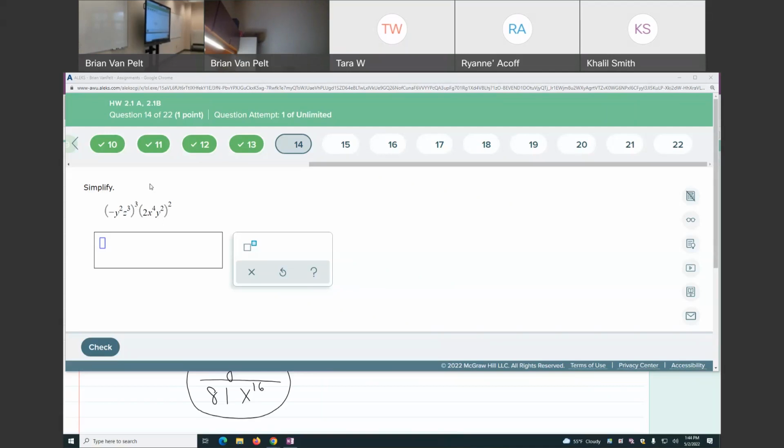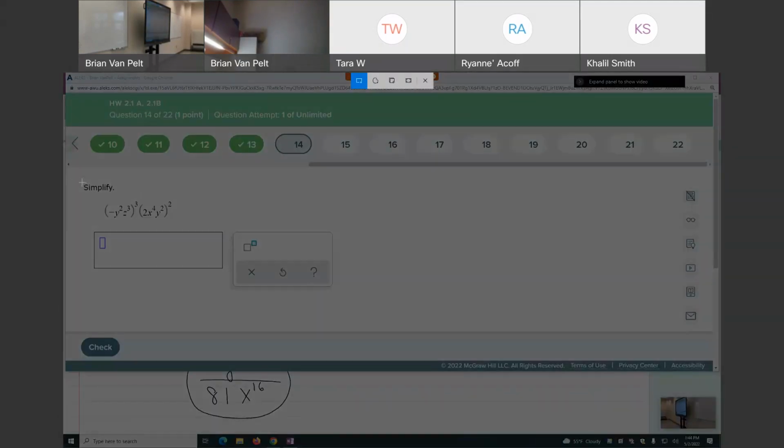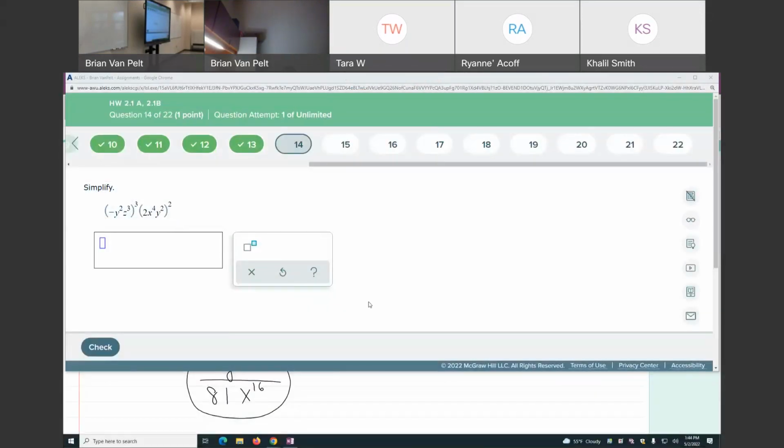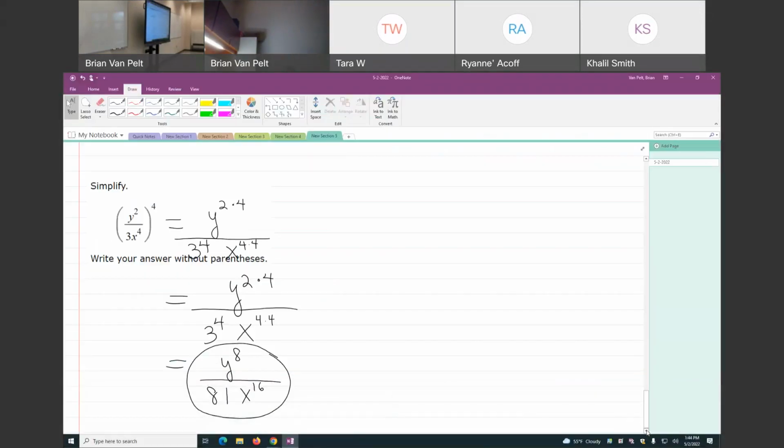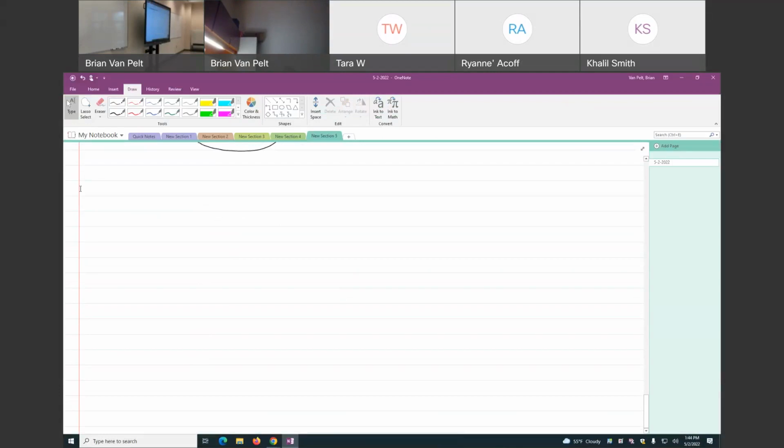So let me go ahead and grab it. Right, so in the first part, everything is taken to the third power. In the second, it's taken to the second power.